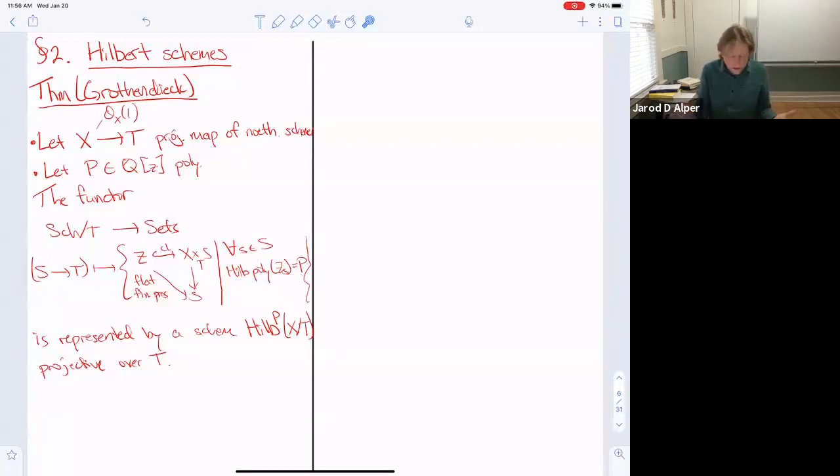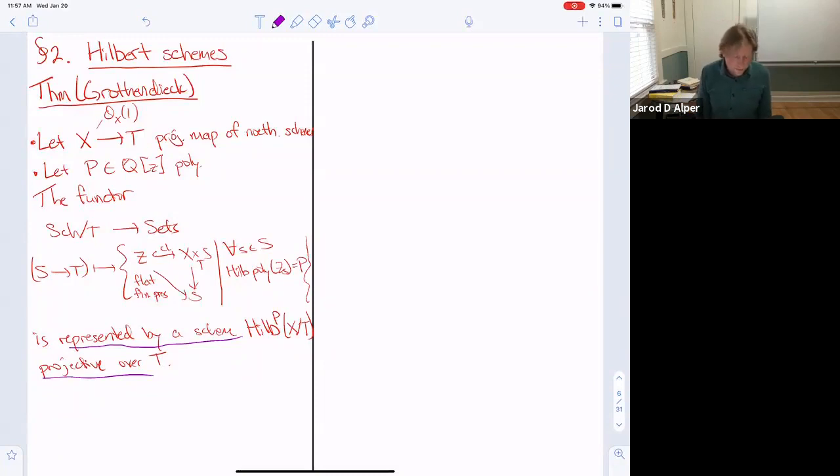And then the amazing theorem, which is like the starting point for all of moduli theory, is that this functor is represented by a scheme and it's projective over T. Like with descent, this is a statement that you can just black box. It's easy to internalize the content of the statement, and it's also easy to apply it. But like descent theory, it's also worth diving into the details once you have time.